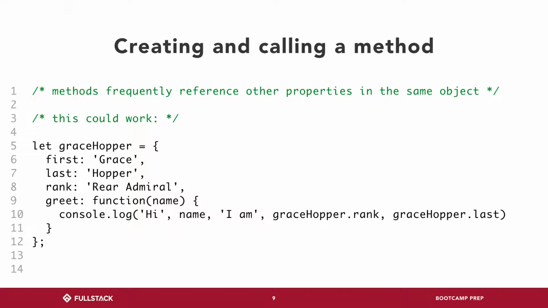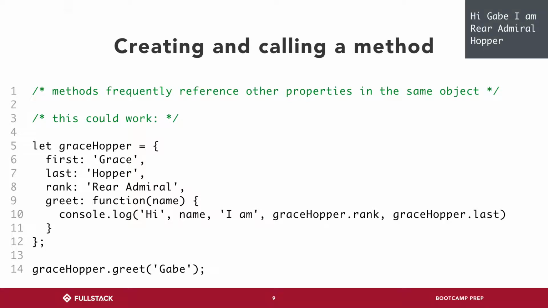Any questions about this? So when we greet Gabe, it'll say, hi, Gabe, and my rank is Admiral Hopper. So methods frequently reference other properties in the same object.